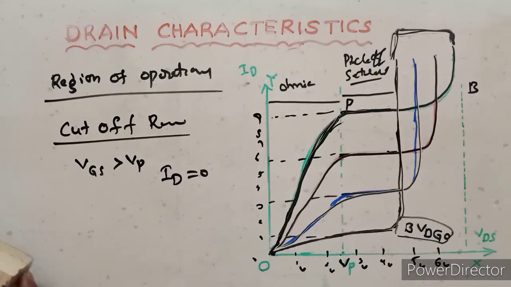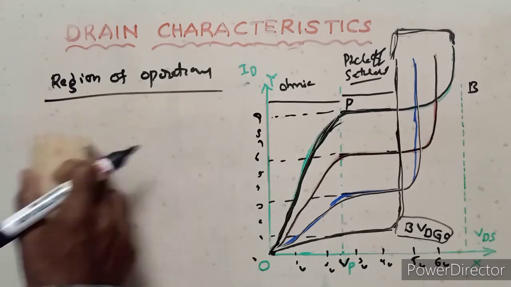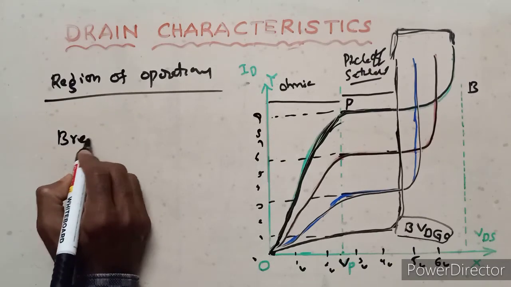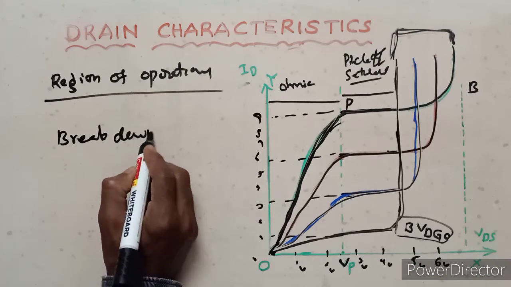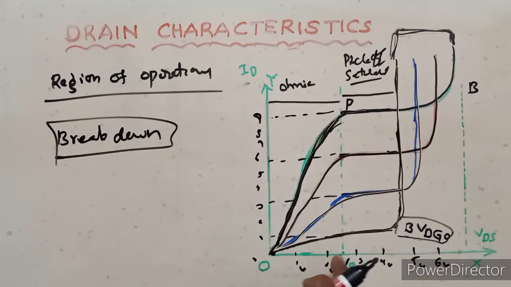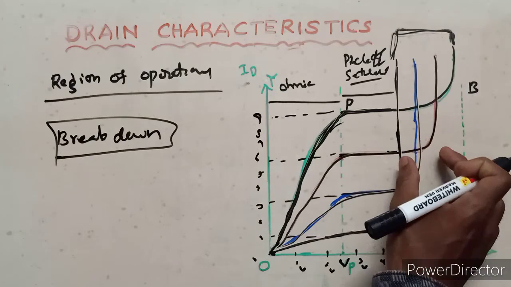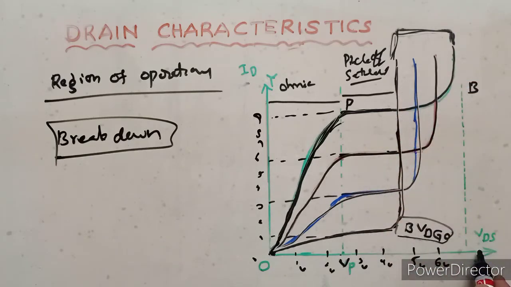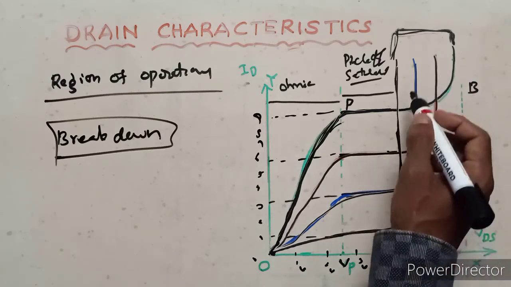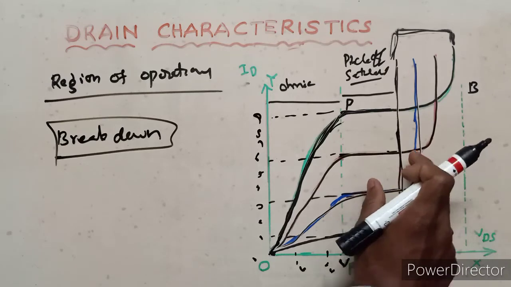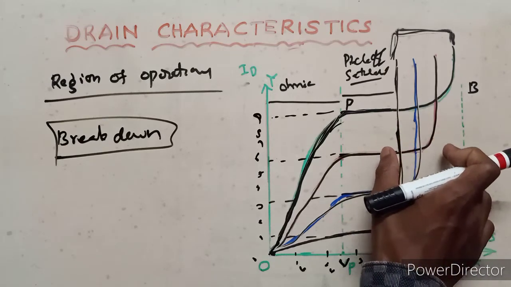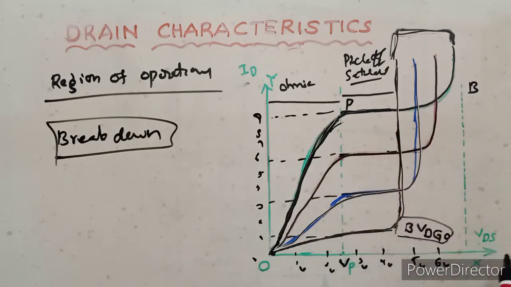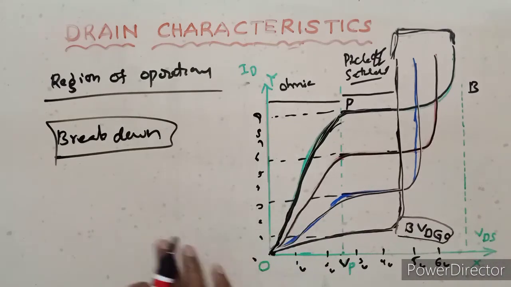Then finally the breakdown region. Breakdown region means the voltage suddenly increases at a very high value of VDS, so the breakdown occurs. This maximum value of VDS can be found in the datasheet.